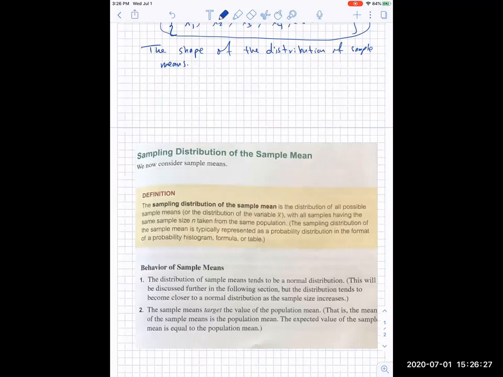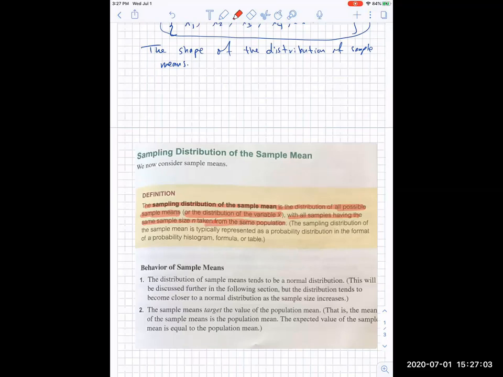So again, we're talking about the sample means, and the technical definition says the sampling distribution of the sample mean is the distribution of all possible sample means. You can also say the distribution of the variable X bar with all samples having the same sample size taken from the same population.